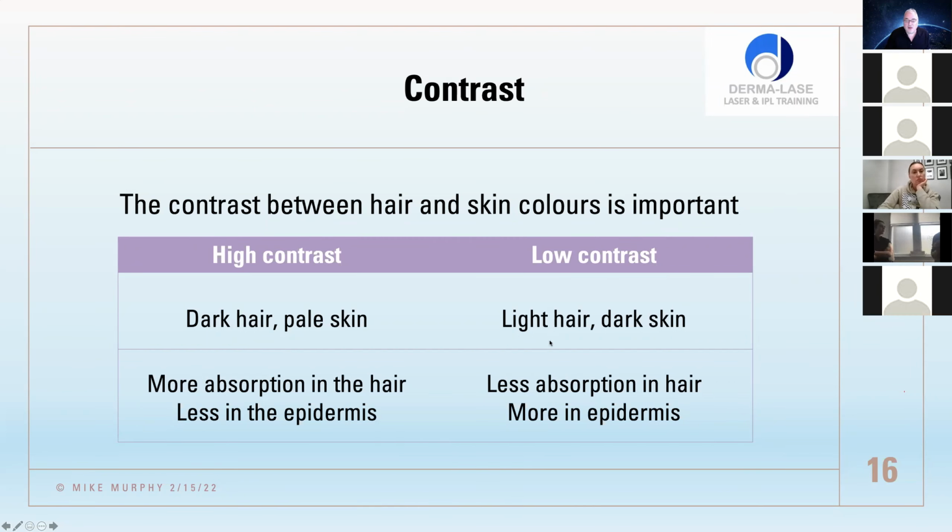However, if you have a low contrast, so you've got light hair and darker skin, then there's less absorption in the hair and more in the epidermis. So that means you're going to have more chance of blistering and pain and all the rest of it. So the contrast is really important. You could treat light hair and dark skin, but you're going to have more difficulties. It will cause you more problems.